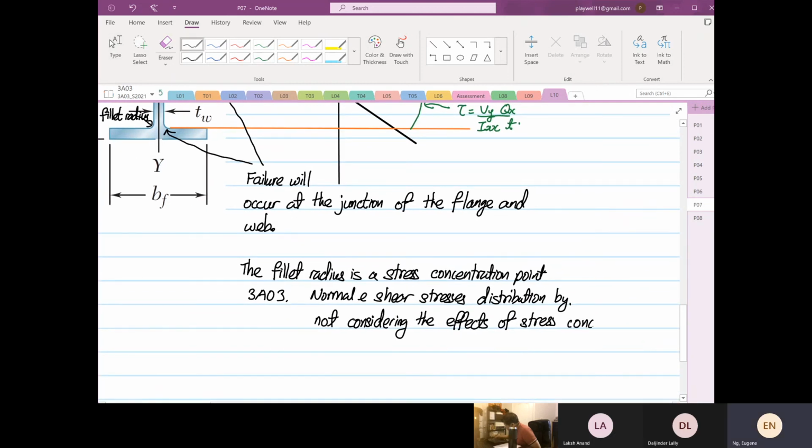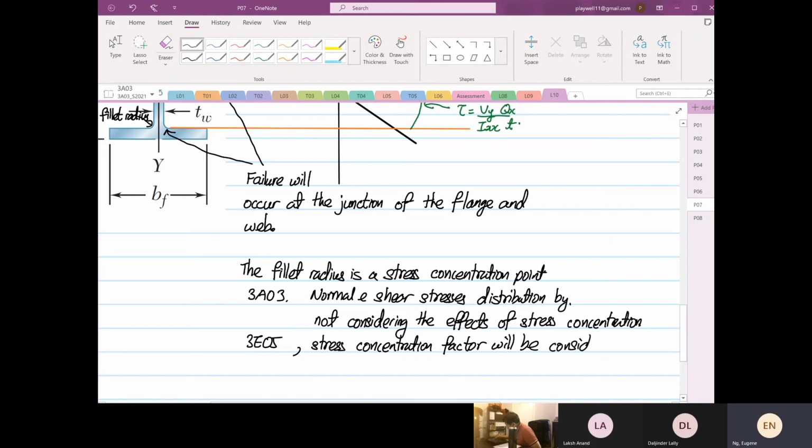You will only learn about stress concentration in 3EO5. In 3EO5, the stress concentration factor will be considered.